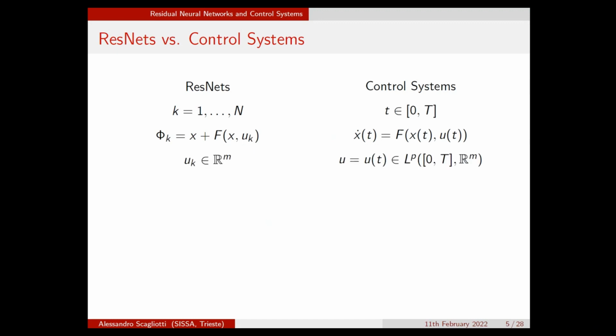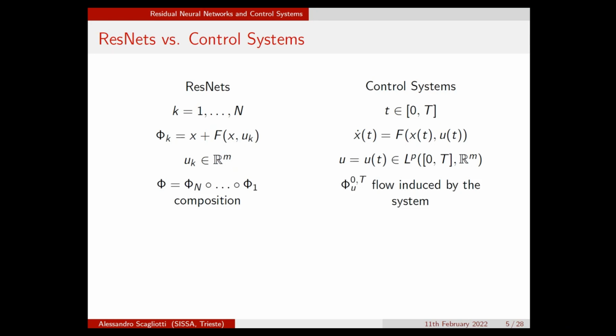Moreover, in the residual neural network, for each layer we have to specify the value of the parameters, and we have to do the same instant by instant in the control system. Usually in the control system, we ask that the control, the function that specifies the value of the parameter, has some Lebesgue regularity. Common choices are L2 or L∞.